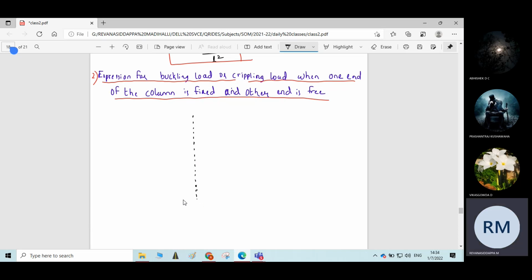Here, as I said, one end of the column is fixed and the other end is free. When you apply the axial force P on the column, what will be the deflected shape of the column? The deflected shape of the column will be like this.